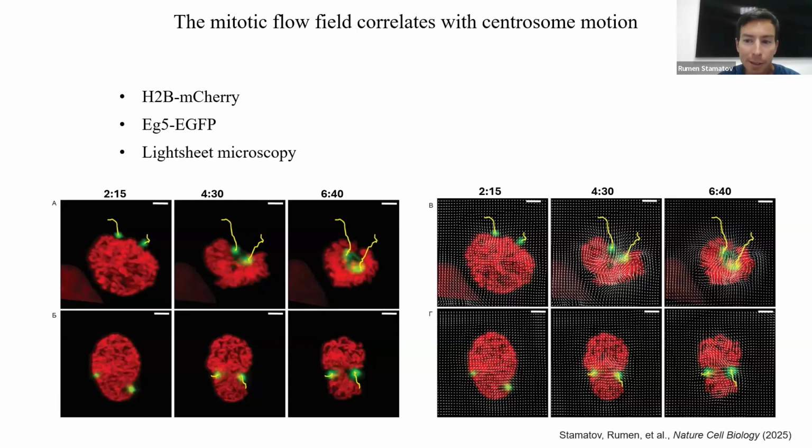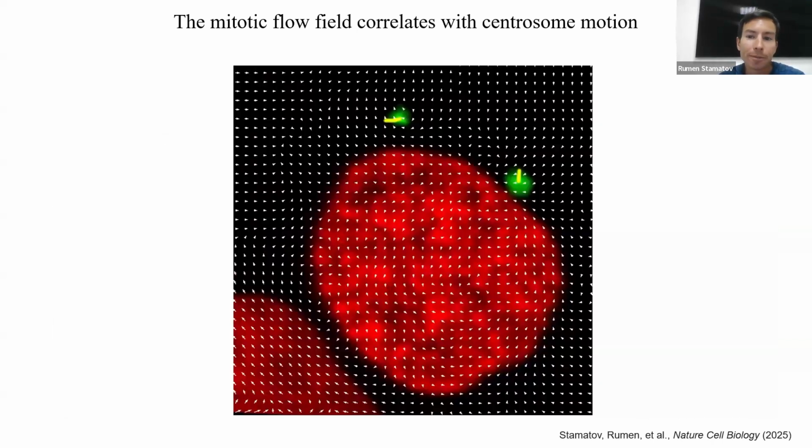So maybe we think that the motion of the centrosomes is causing this type of flow, and the chromosomes move according to that flow. So the motion is not really random, but it's not a direct one-to-one correspondence. It just follows the motion of the centrosomes. And that's a movie showing this process.